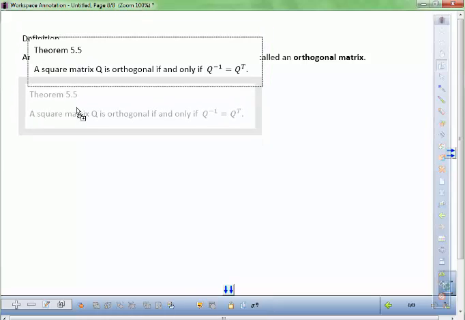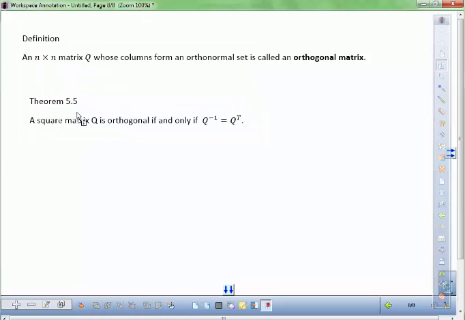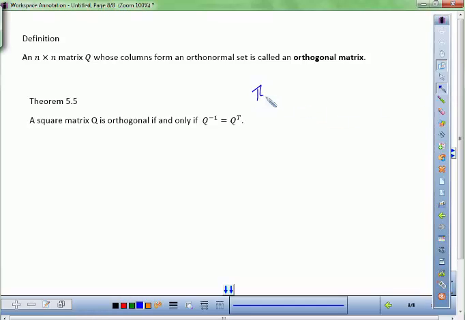So this theorem is kind of paired up with the other theorem. From theorem 5.4, when they say Q transpose Q is equal to the identity, it's essentially saying that the transpose is the inverse.